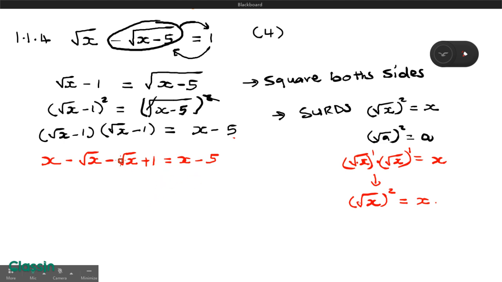Now, we are going to group the like terms. We have x, negative a minus a. What is the answer? -2a. Negative x minus x, the answer is -2x.